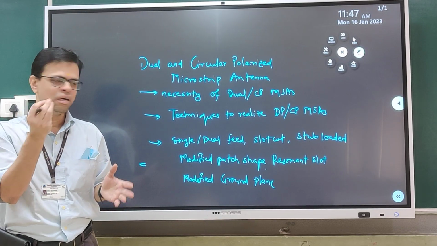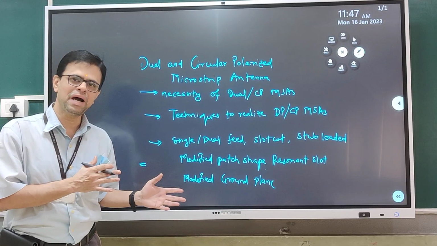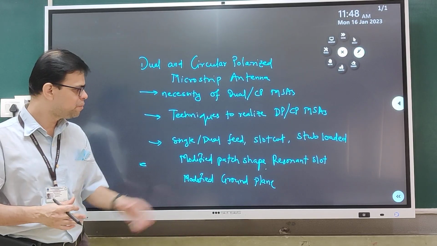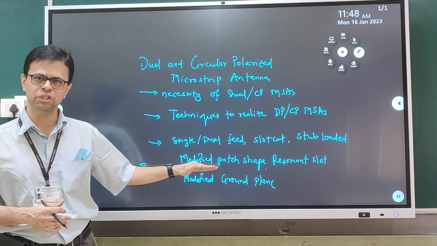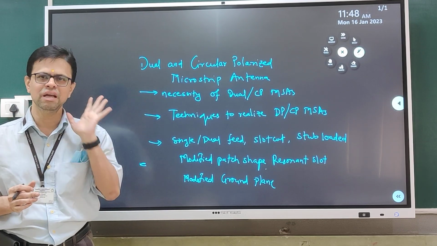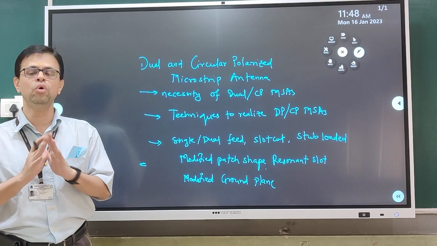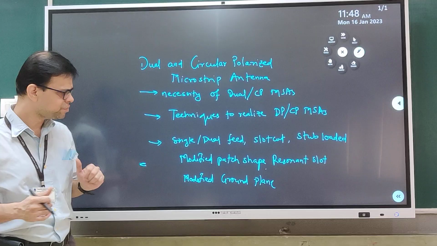Of course, here the knowledge of field position and the resonant modes of that patch is essential. So by selecting those modified patch shapes, you can design a circular polarized antenna using a single feed. So there is no need to have a power divider circuit or a slot also.